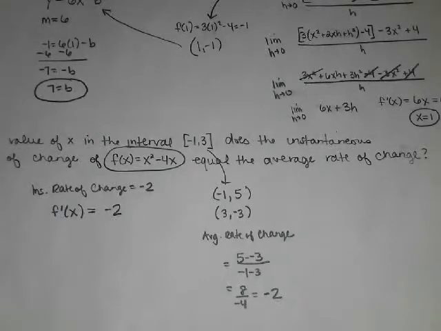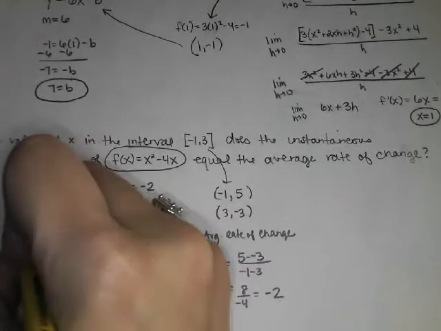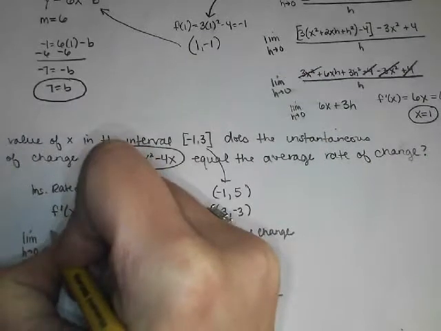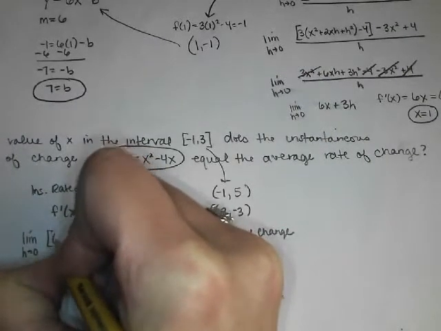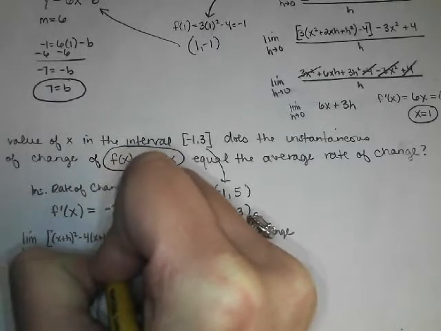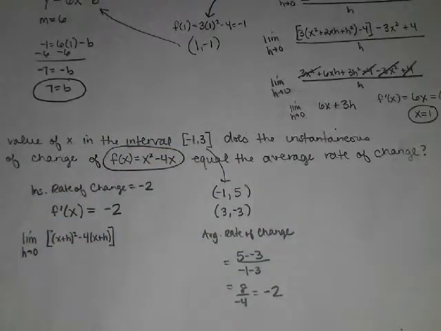So this is a traditional derivative formula. We should be using the limit as h approaches 0 of f of x plus h minus f of x over h.